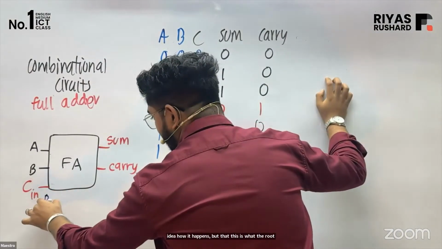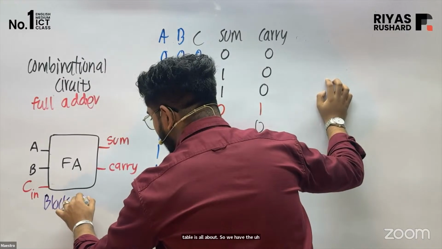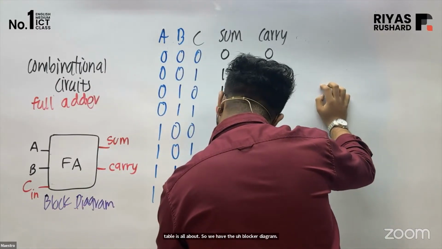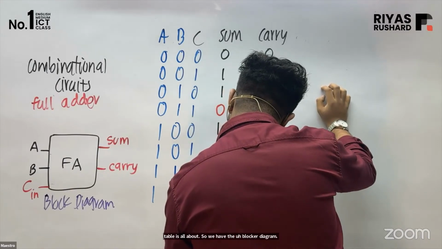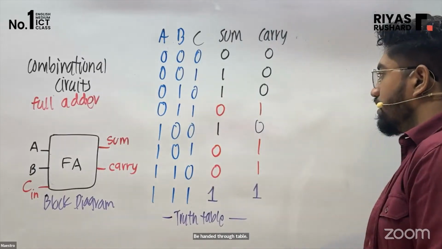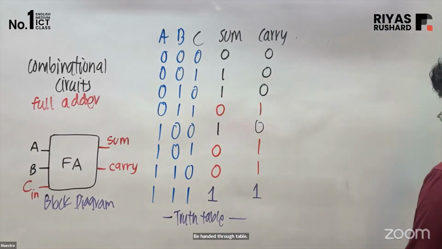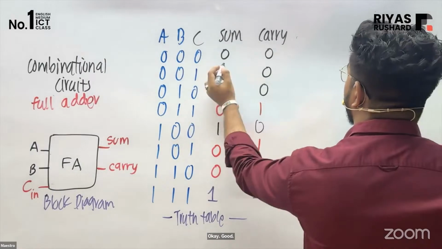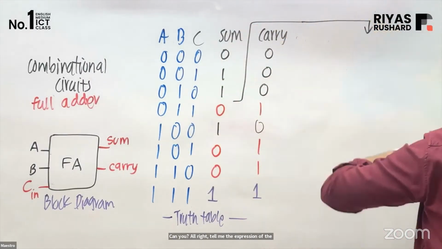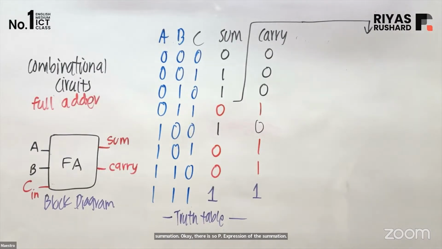So we have the block diagram. We have the truth table. Okay, good. Can you all tell me the SOP expression of the summation?